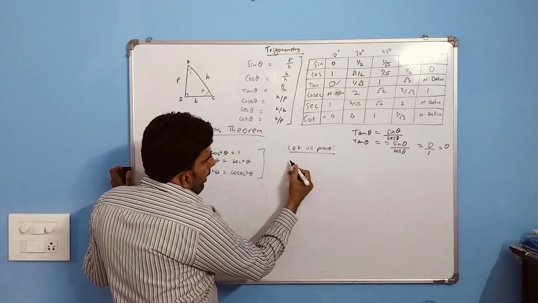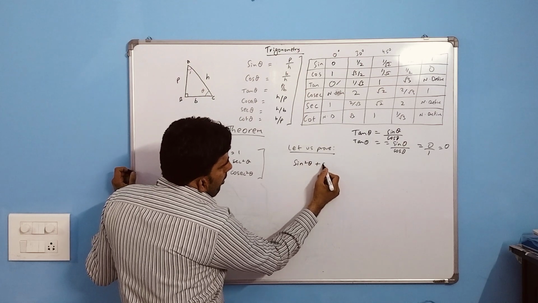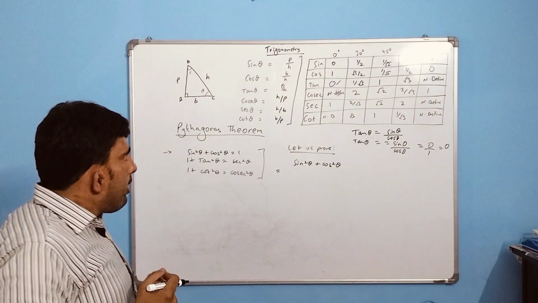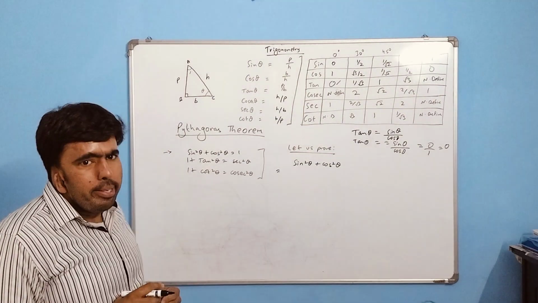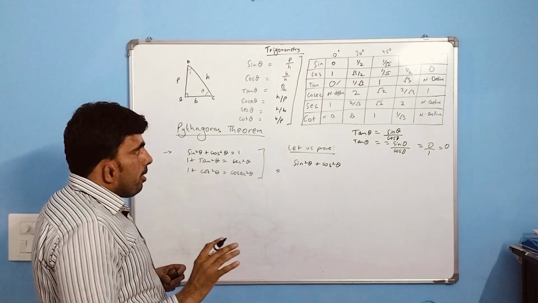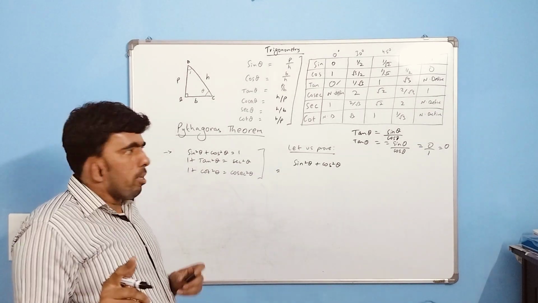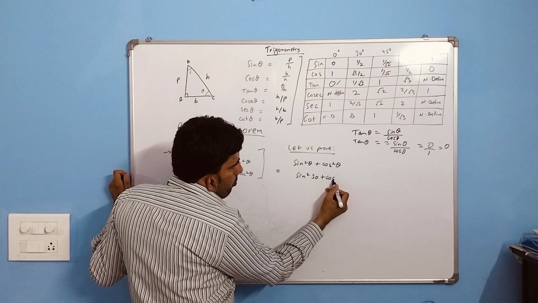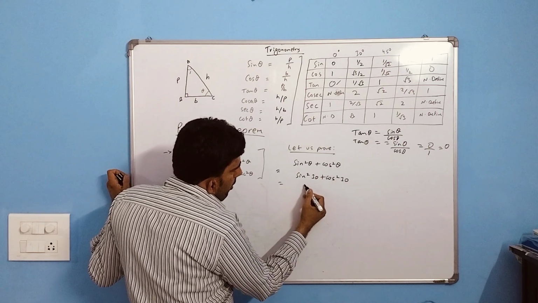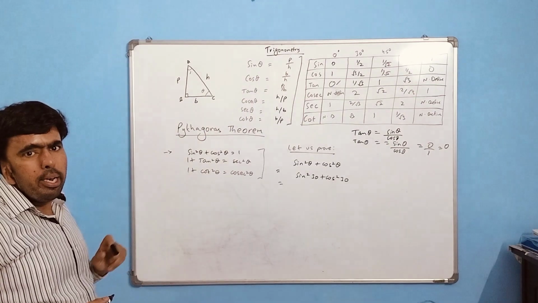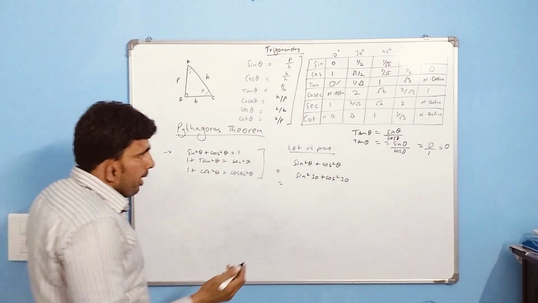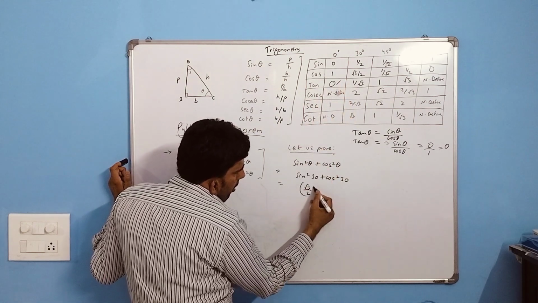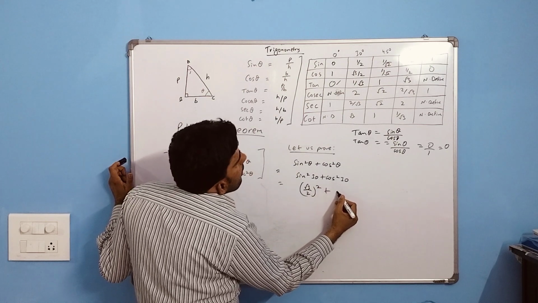Sin square theta plus cos square theta. How will you prove it in a very simple way? Take sin square 30 plus cos square 30. What is sin 30?